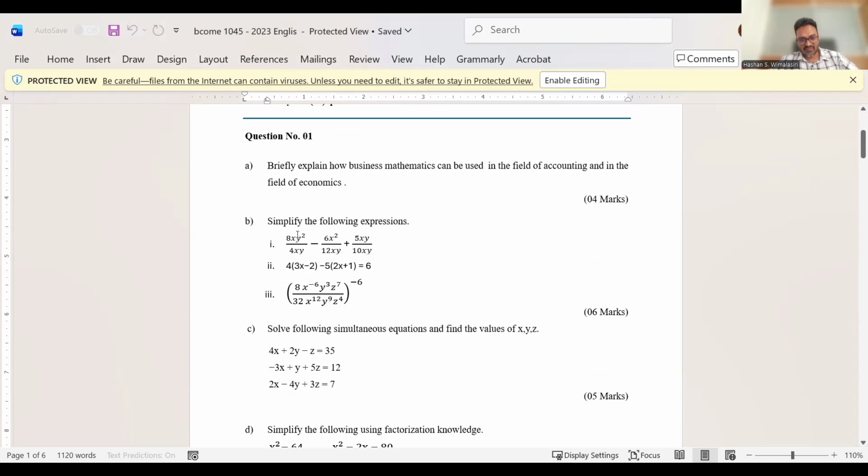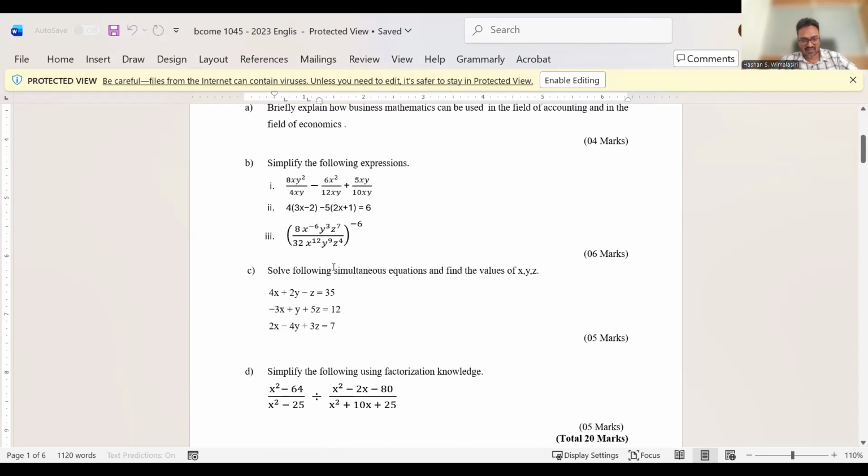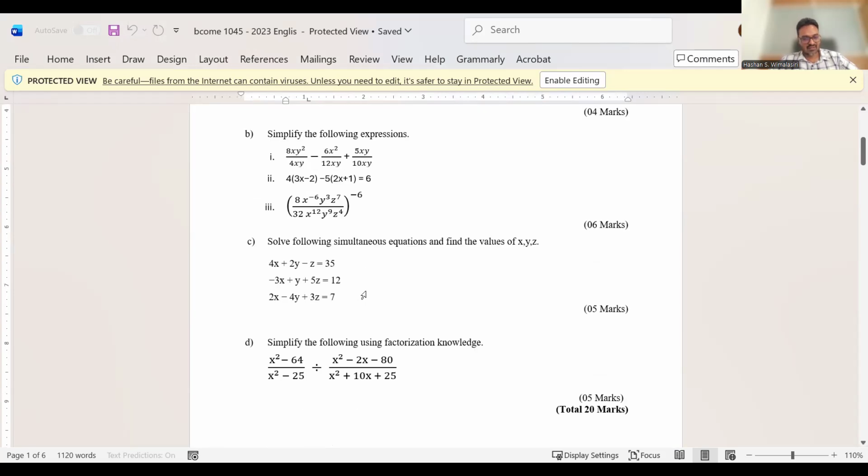Then, simplify the following expressions, as I mentioned at the end of the first session. We have discussed exponents and factorization related things, and algebraic expression related things. Simultaneous equations are also in here, but for this year they will not appear, because that goes to the equation part.